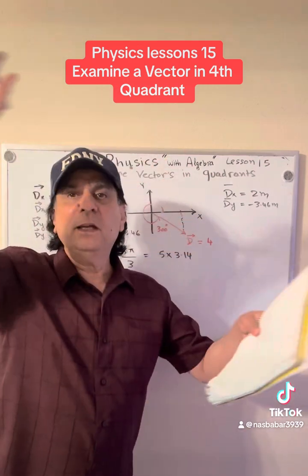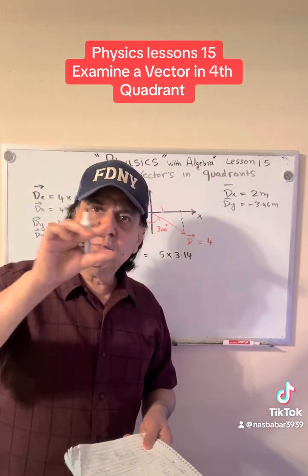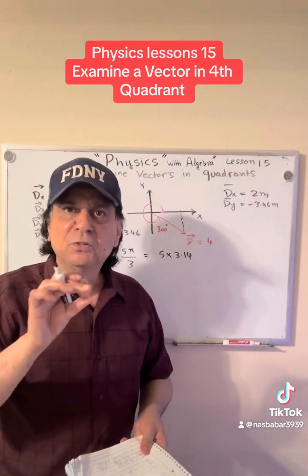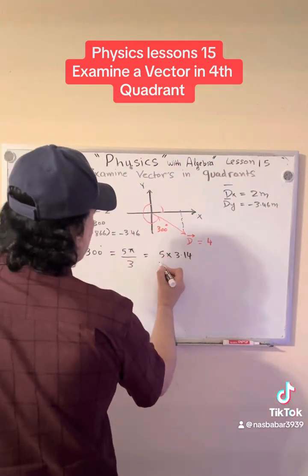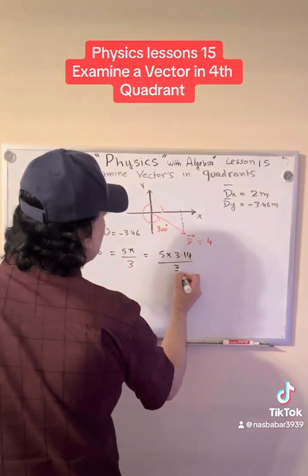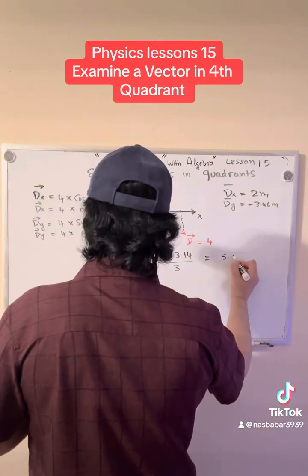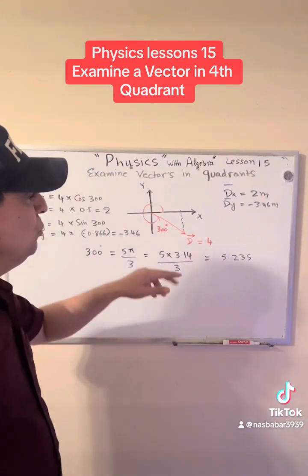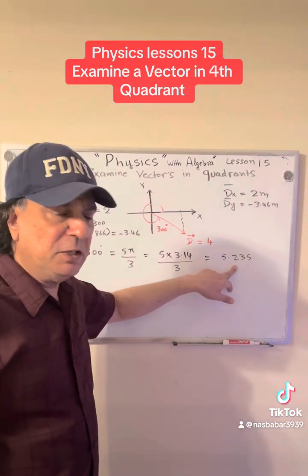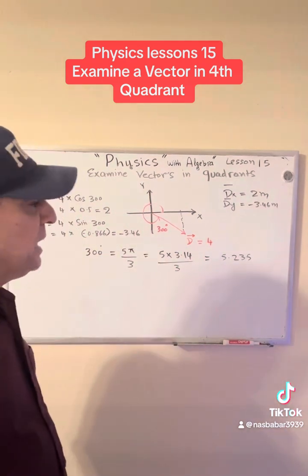No matter how big your circle is, how small your circle is, the ratio of circumference over diameter is going to stay the same. So then I have 5 times 3.14 over 3, and I get 5.235. So when I do cosine of this in my calculator, I get 0.5. All right, I just wanted to mention that real quick.